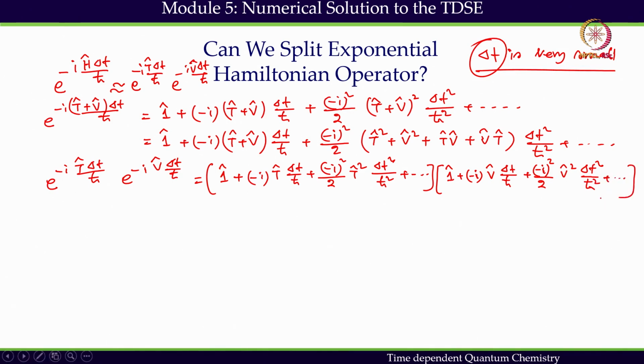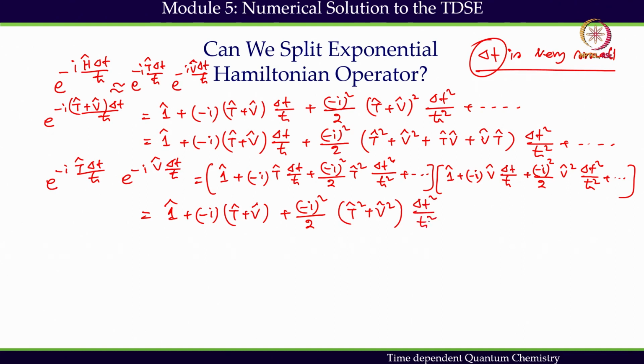So, if I explicitly make a product of this, then what do I get? I get 1 plus minus i multiplied by (T plus V), plus (minus i) square divided by 2 (T square plus V square), then delta t square by h cut square, then minus TV delta t square by h cut square. So, in order to find out the error, I make a subtraction between these two.